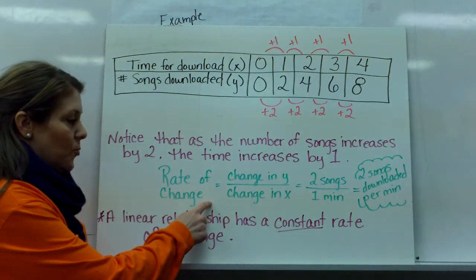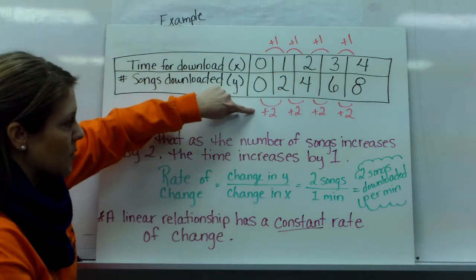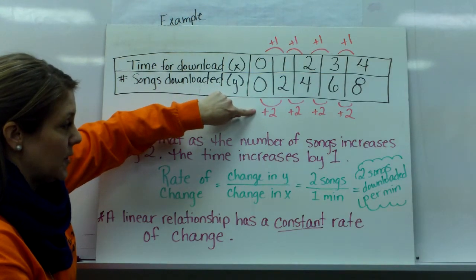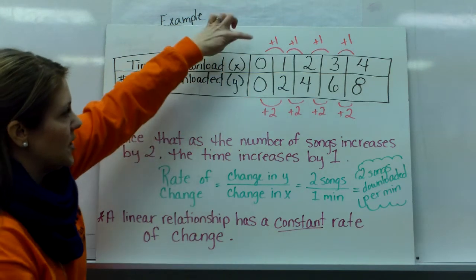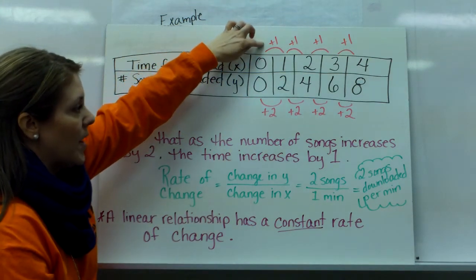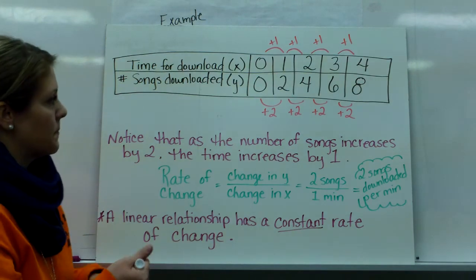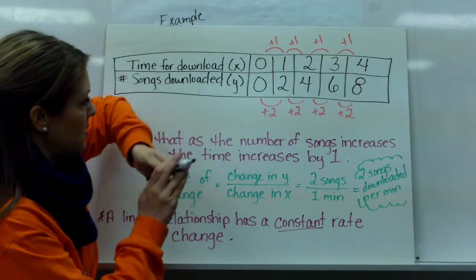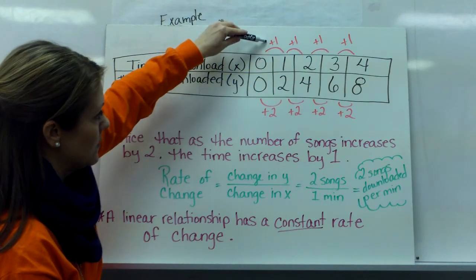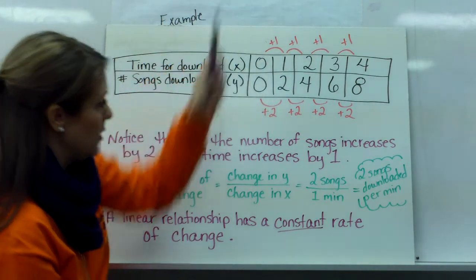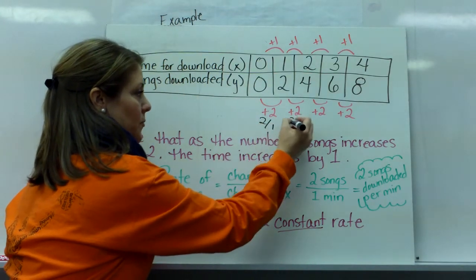Your ratio for rate of change will be the change in y, which in our situation here will be the +2, over the change in x, which again in this situation we have a +1. So each time we have 2 over 1, 2 over 1. All of these represent their own ratio.